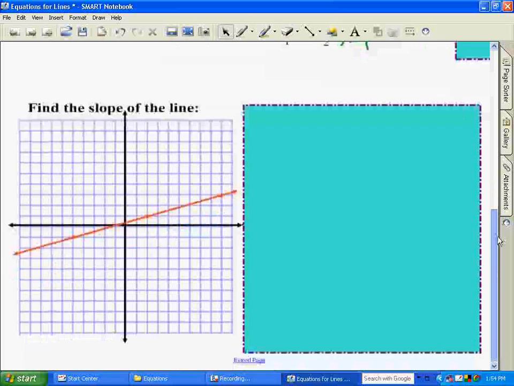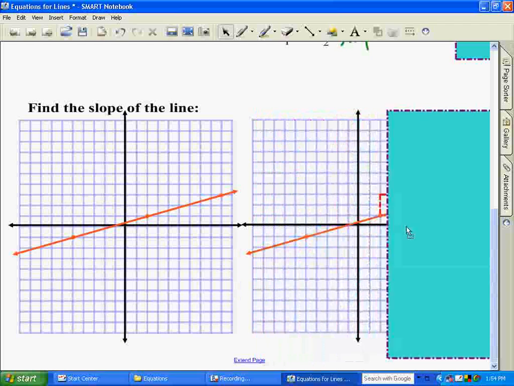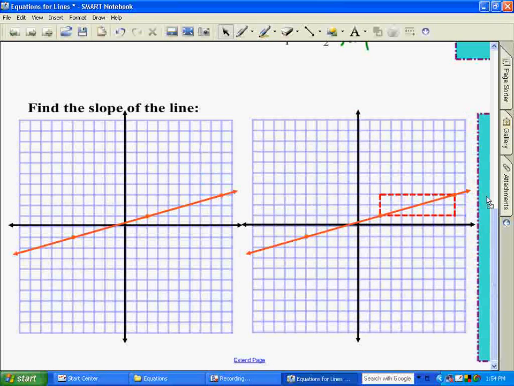All right. So find the slope of this line. So there's 3 different points I've placed on the line, so you can use any 2 of those points to find the slope, and it'll come out the exact same because it's just a straight line. And here's the way I would draw that.